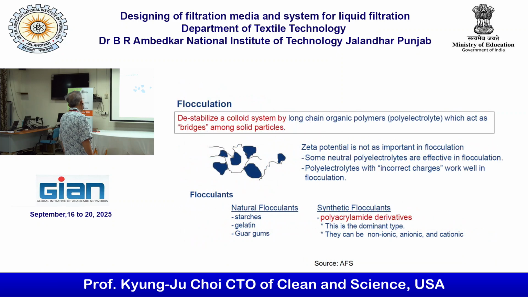How can you destabilize? Some natural polyelectrolytes are effective flocculants. Natural flocculants include starch, gelatin, plant gums, and polyacrylamide. We actually talked about a lot of this previously.